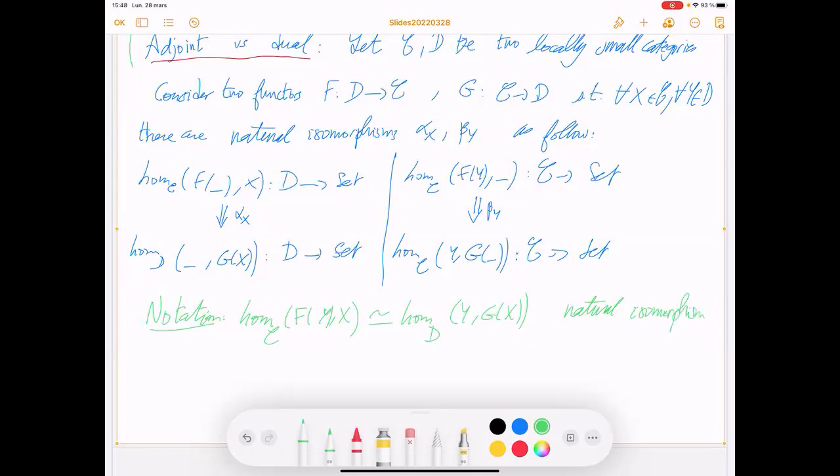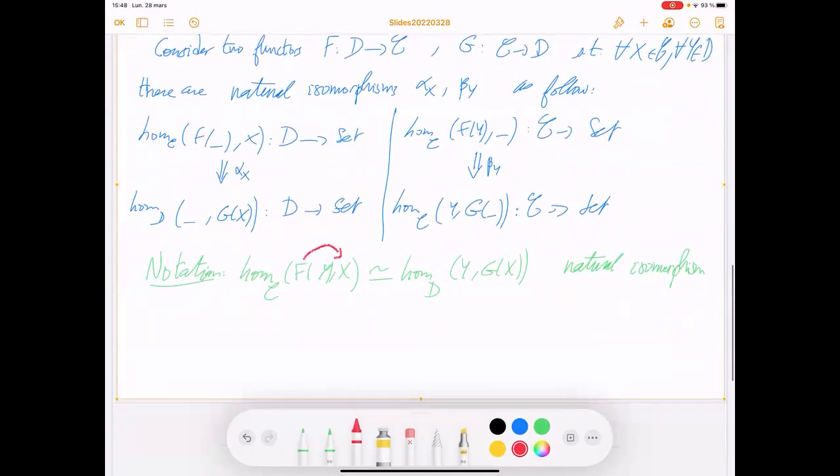And as I said, it's like the notion of adjoint of a matrix.